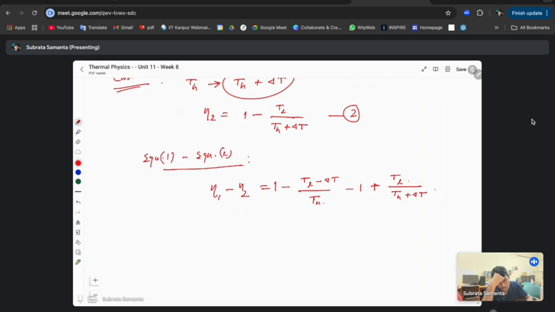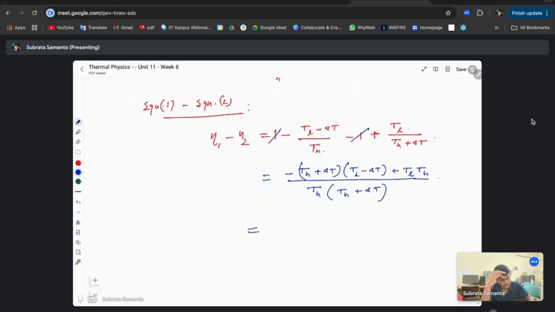So this 1 is cancelled, so now it is basically simplifying the algebra. So TH times TH plus delta T, if you multiply with this, so TH plus delta T times minus TL minus delta T, right, plus TL TH.